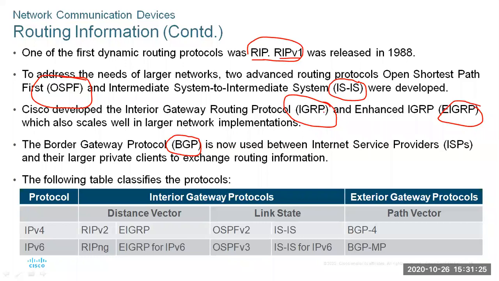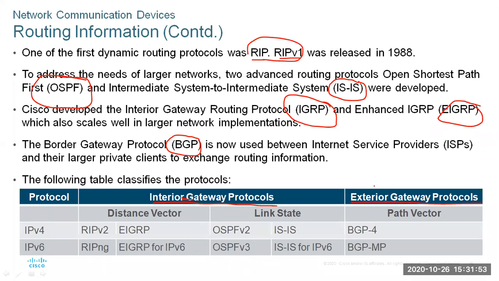So they are in this category, what we call interior gateway protocols, and then we have what we call the exterior gateway protocols. Now, when we say exterior gateway and when we say interior gateway, what are we talking about? Exterior gateway has to do with between the network and the ISP.